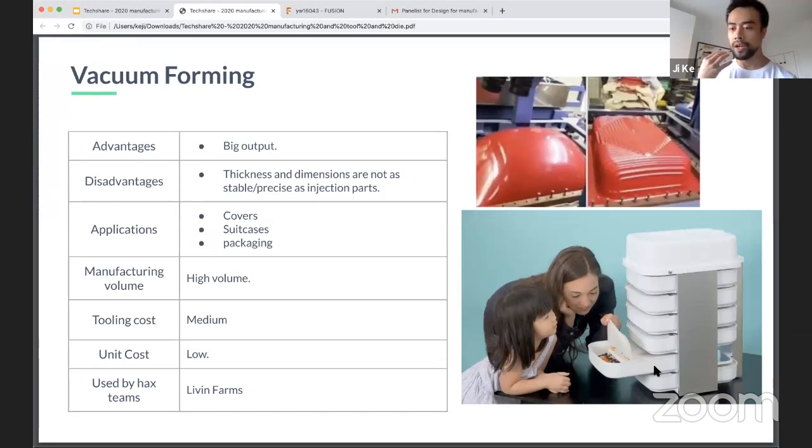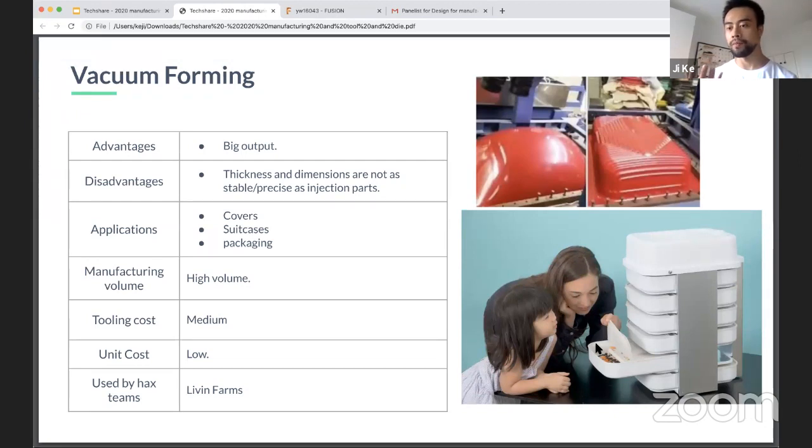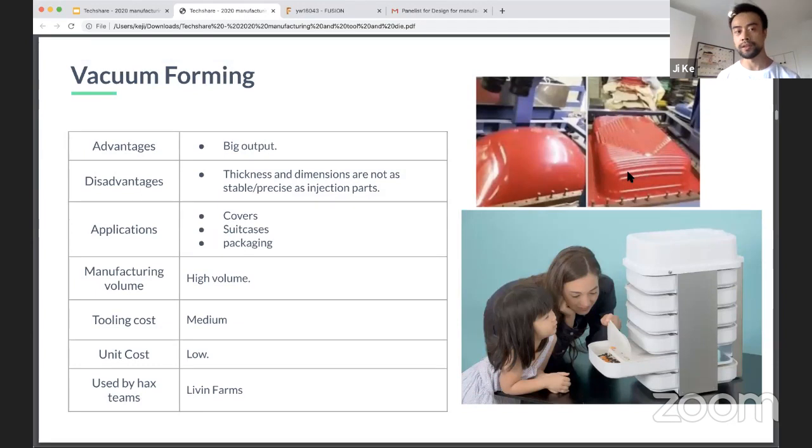The surface finish is rather good, and they won design awards for this kind of design. Aluminum chassis with vacuum formed casings significantly lowers the cost. It's one manufacturing method to consider for you as well.